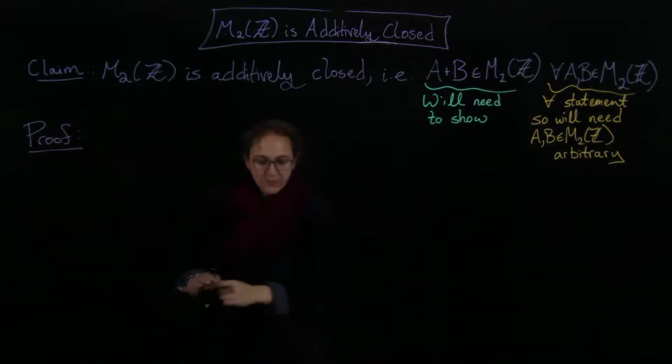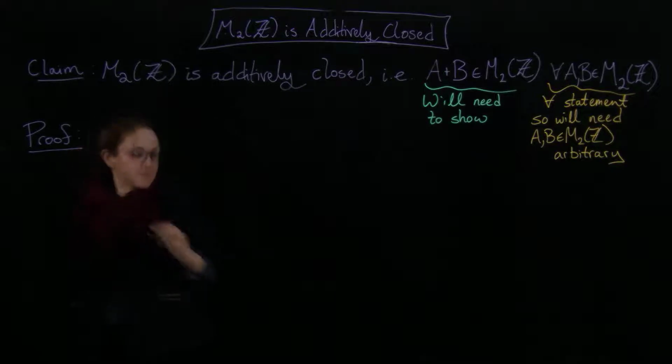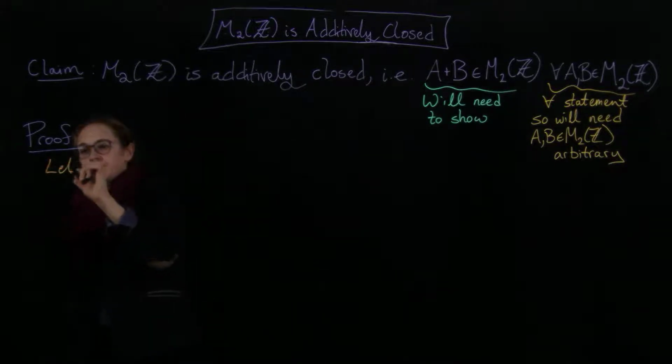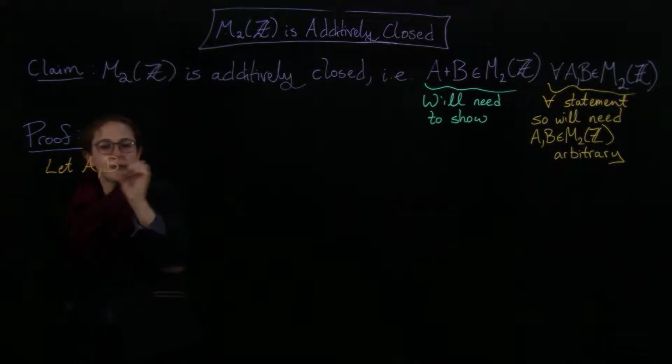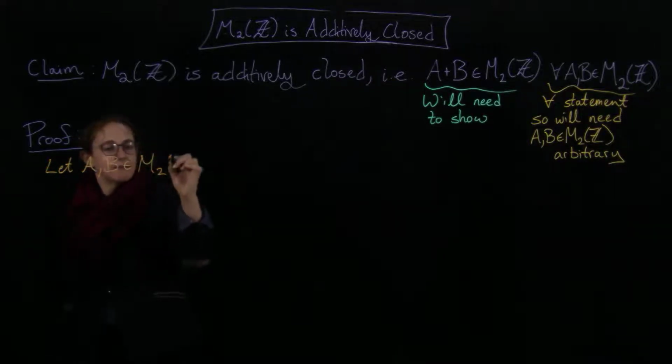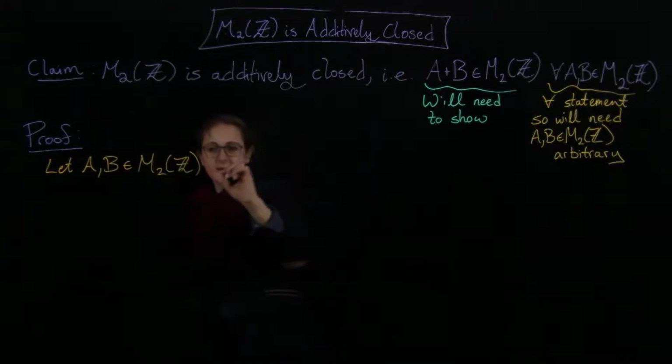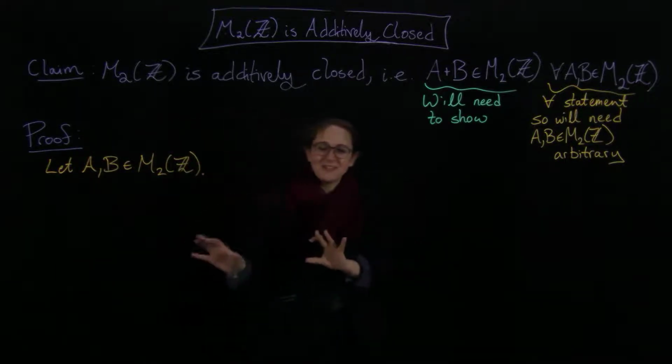Okay, so we want to, oops, I want that the same color as over there. So let A and B be arbitrary elements of M2Z, okay? And now you can guess, what are we going to need to do next?